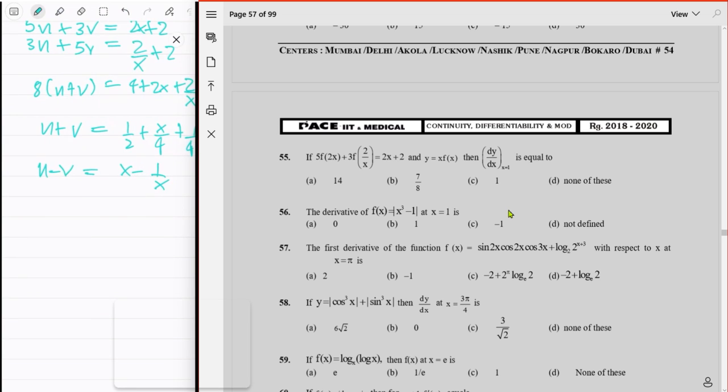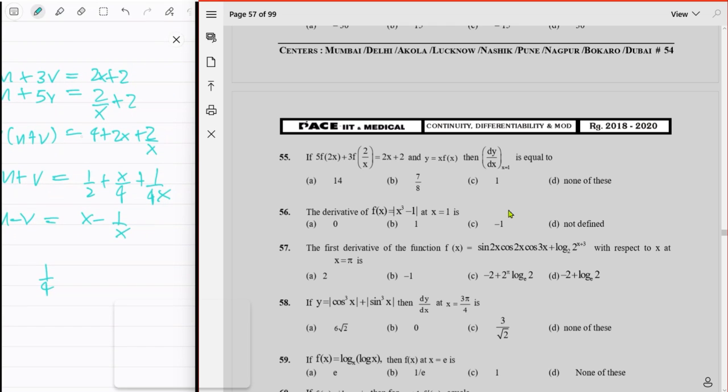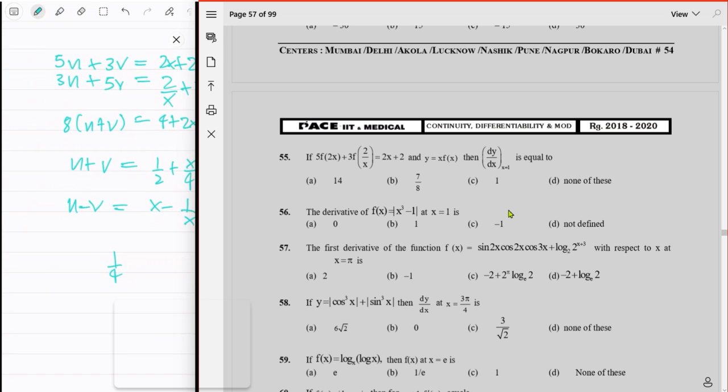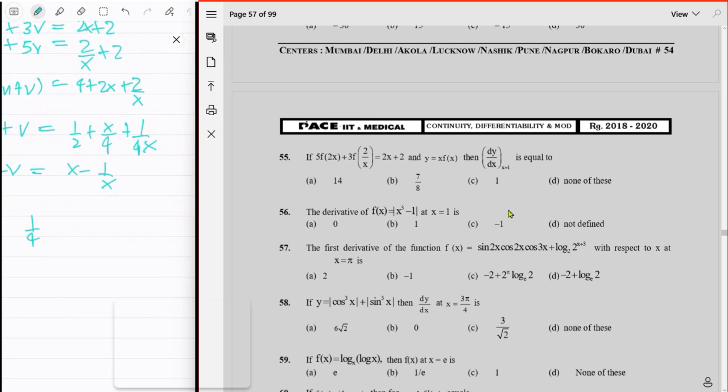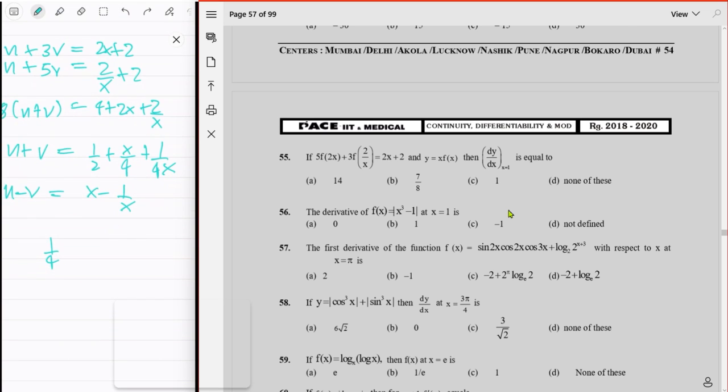And then what? So we want u, for which you just take the average or something. So 1 upon, wait a second. How did that happen? Oh, that's not good. 1 upon 4. Last time I saw we got something else, right? Oh, I must have put a negative. Okay, that's what went wrong. These twos get cancelled, right? So if there was some constant over there, then that was wrong. Okay, let's do it properly this time.